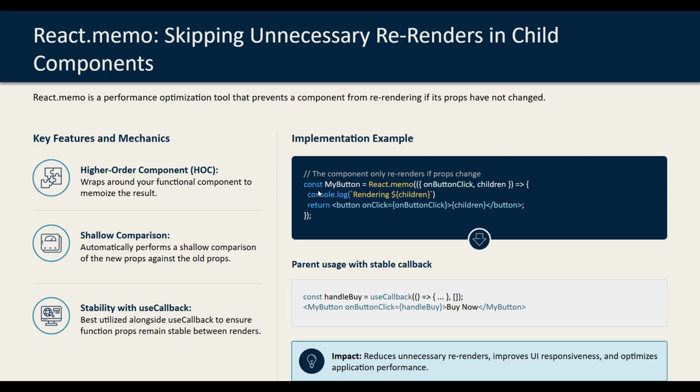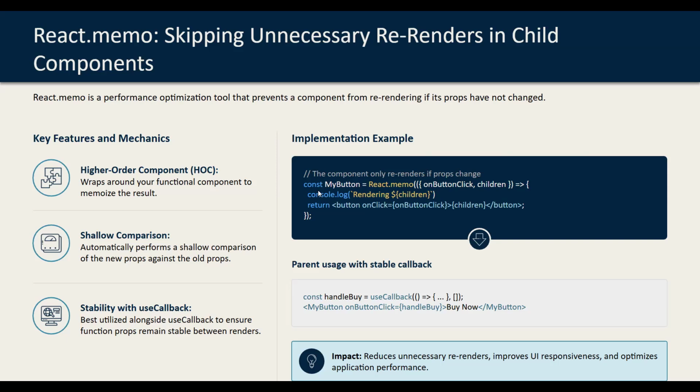So React.memo helps React skip the re-rendering part of child components when the properties have not changed. But if you keep passing a brand new function on every parent render, then React sees that as a changed prop.